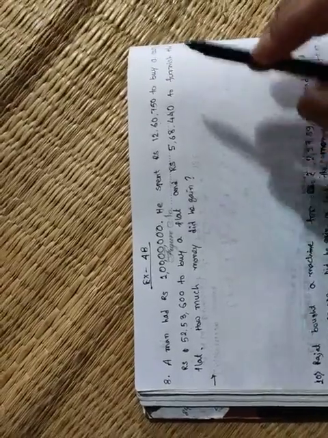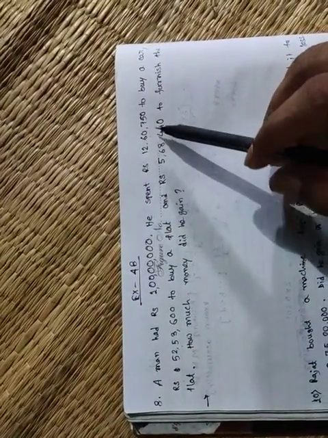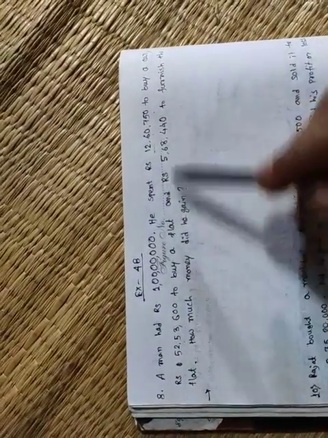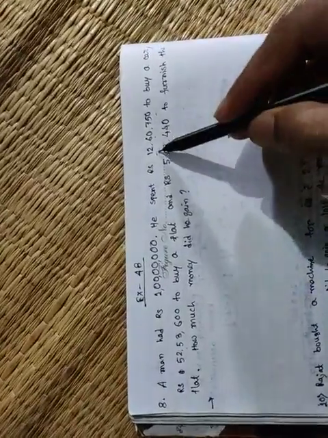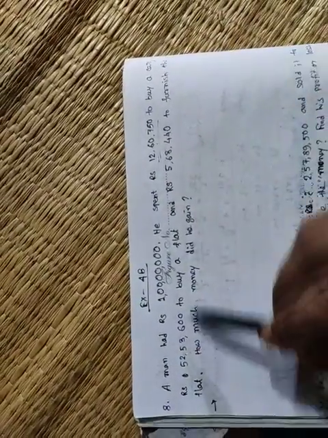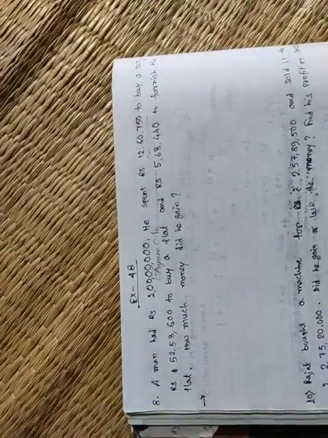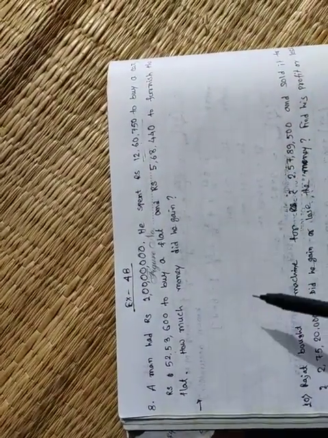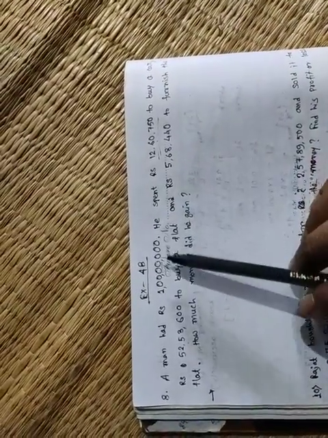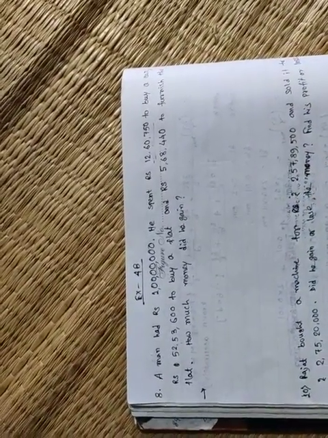So similarly here the cost money, this plus this, because this is to buy a car, this is to buy a flat, and this is to furnish the flat. So total cost money, this plus this. Okay, and then if we subtract this from this, then we can find the result easily.